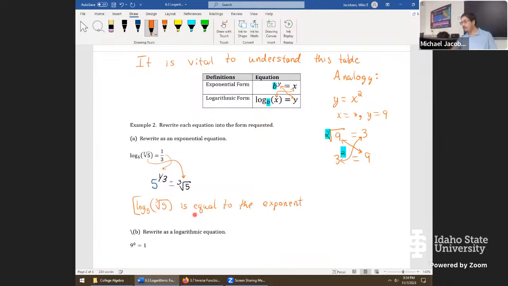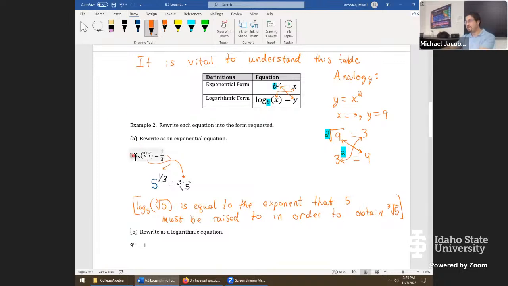It's equal to the exponent that 5 must be raised to in order to obtain the cube root of 5. That's a lot of oxygen just to say that one statement.